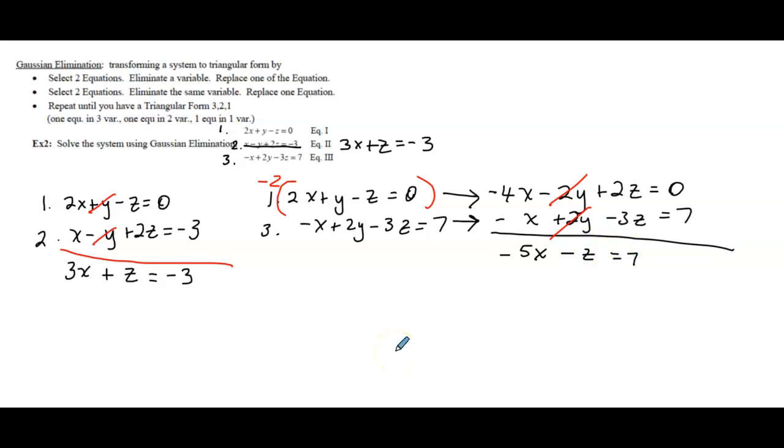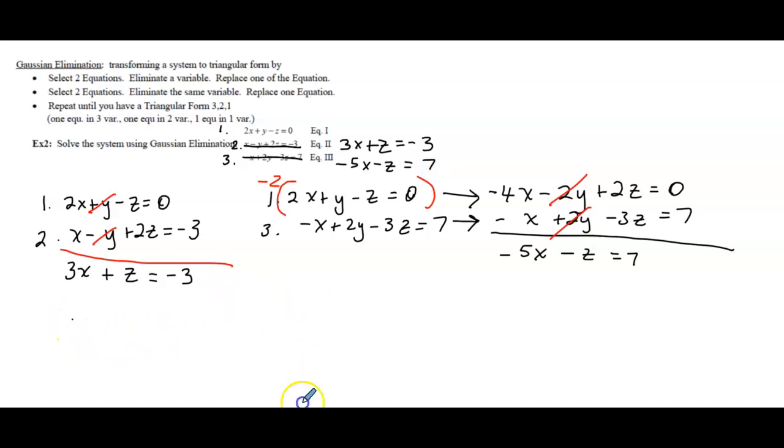I am going to replace either equation 1 or 3. I'll go ahead and just cross off 3, and replace it with negative 5x subtract z equals 7. Now I'm going to line up equation 2.